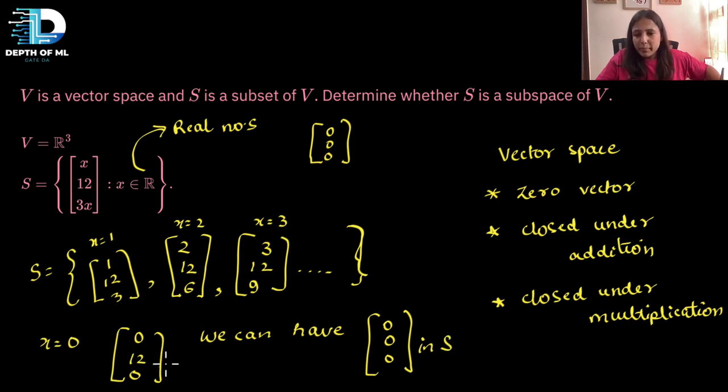Because the second coordinate of this vector is always 12, you will never have this kind of vector. Therefore the 0 vector does not belong to S, therefore it's not a subspace.